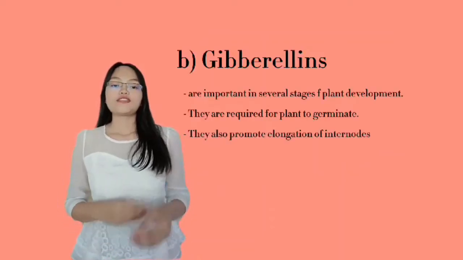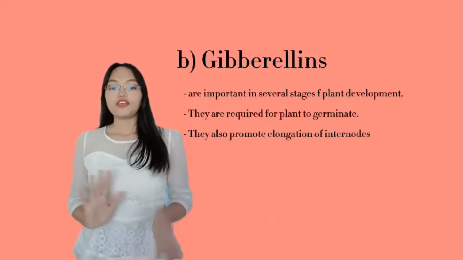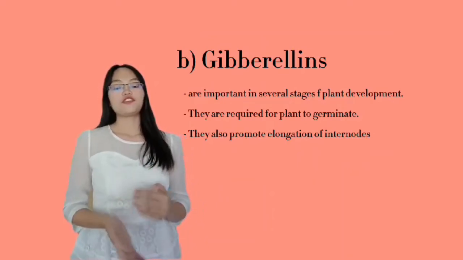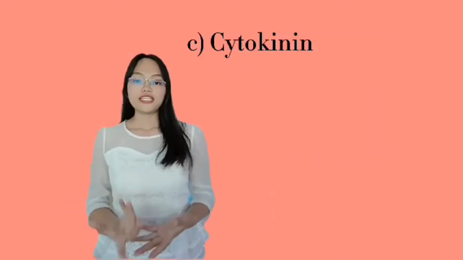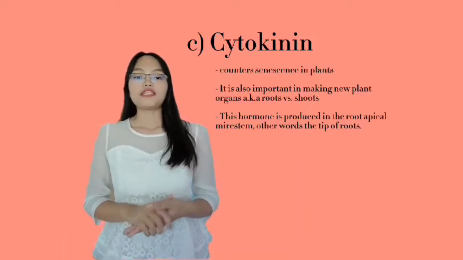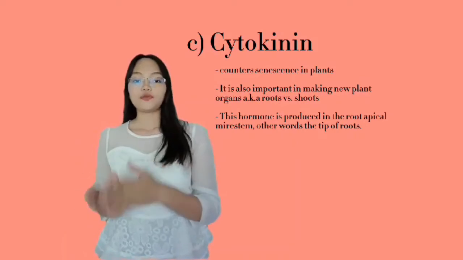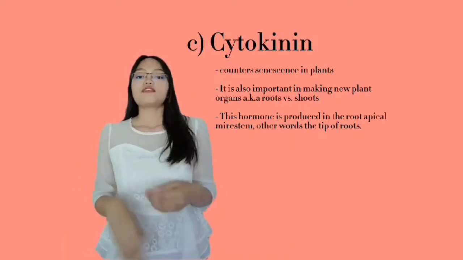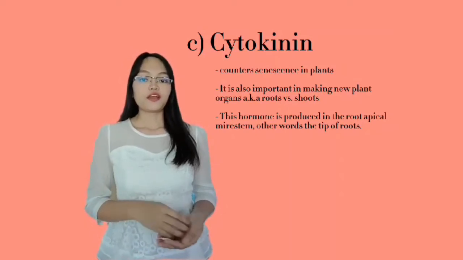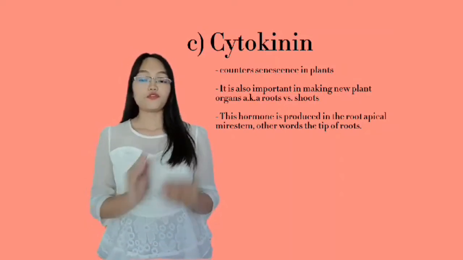They are important in several stages of plant development. They are required for the plant to germinate, and they also promote elongation of internodes. Cytokinin. It counters senescence in plants. It is also important in making new plant organs, like roots versus shoots. This hormone is produced in the root apical meristem, in other words, the tip of roots.